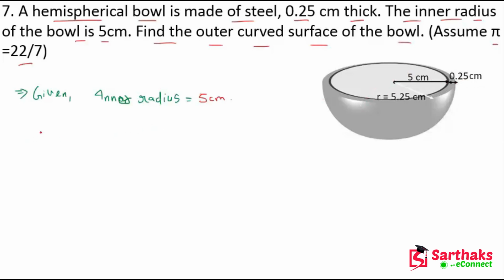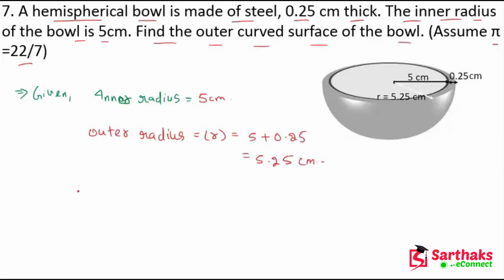Hence we can find the outer radius. So outer radius r is equal to 5 plus 0.25, so this will become 5.25. This is the outer radius.